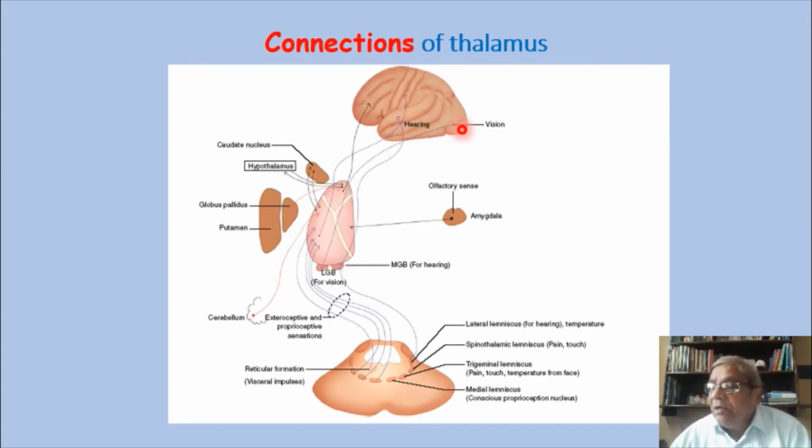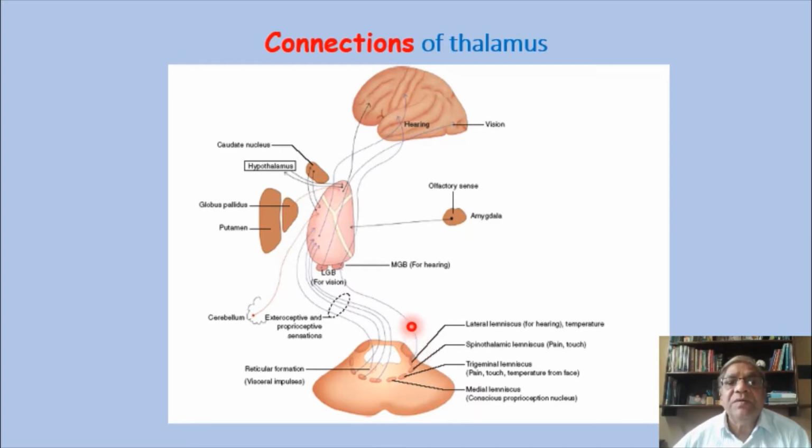of the occipital lobe. Similarly, the medial geniculate body is part of the thalamus, which is a relay station for the sensation of hearing. And these fibers for the sensation of hearing come through the lateral lemniscus.